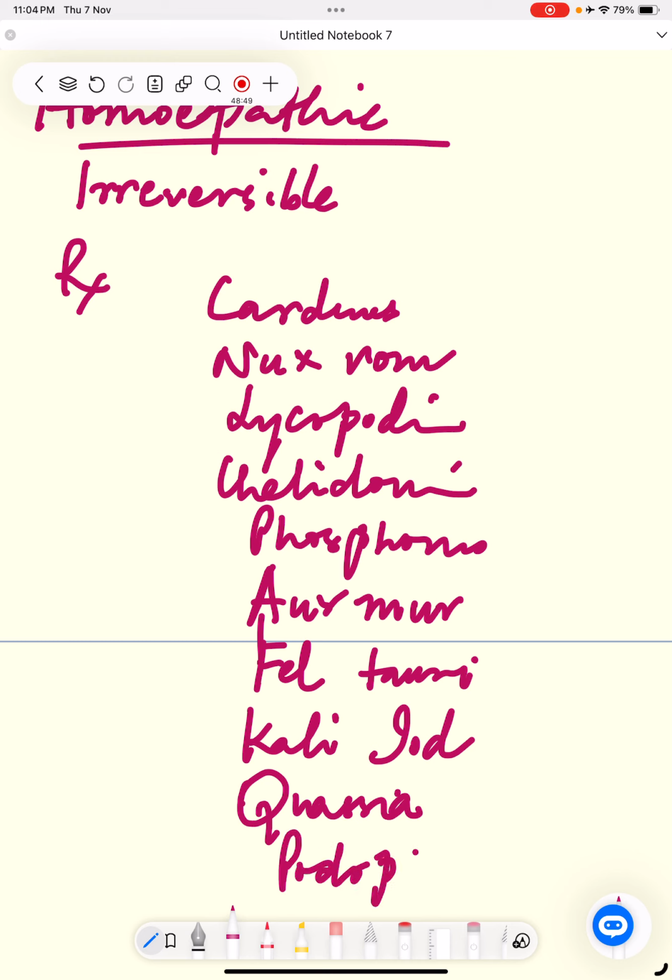Of course, there are many other remedies, but these are some of the common remedies.